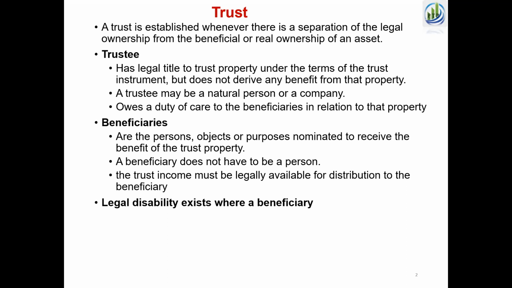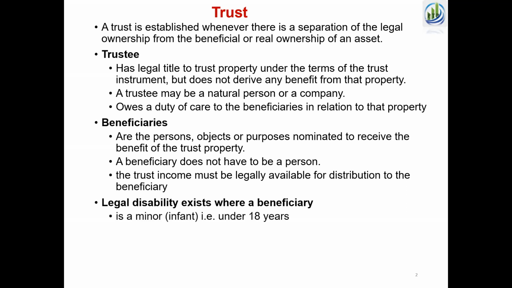You can put them as a beneficiary, there's no restriction, but they are not expected to pay, they have no obligation to pay the tax. So who is going to pay the tax? The trustee.